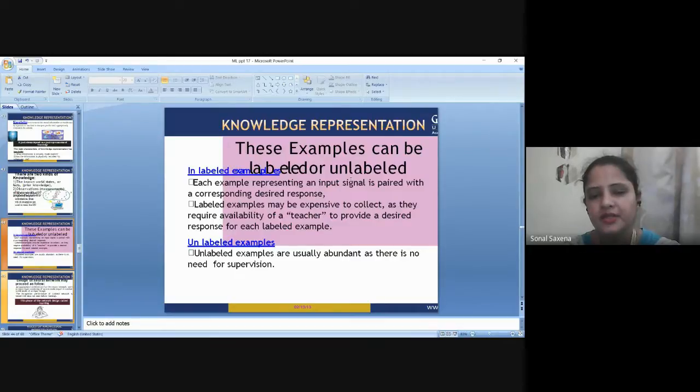In labeled examples, each example representing an input signal is paired with a corresponding desired response. Labeled examples may be expensive to collect as they require the availability of a teacher to provide the desired response for each labeled example. Unlabeled examples are usually abundant as there is no need of supervision.